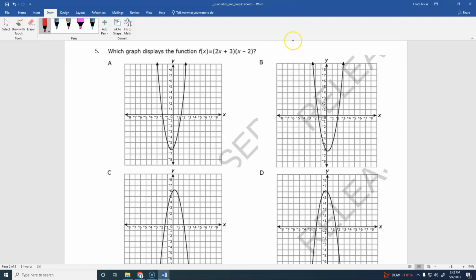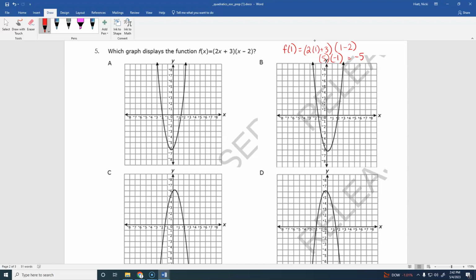Let's just plug in 1. F of 1. So that would be 2 times 1 plus 3 times 1 minus 2. So 2 plus 3 is going to give us 5. 1 minus 2 is negative 1. So I get negative 5.